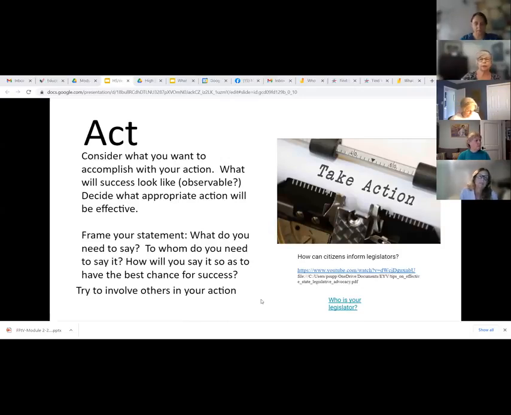Oh, good. Okay. Well, the point that I make to the kids once they see that list of representatives is that they are elected officials. So they actually work for you and for the other constituents who live in the same district that you do. They want to be reelected.